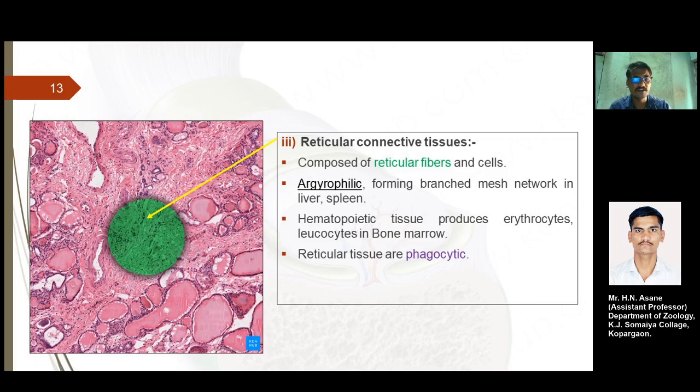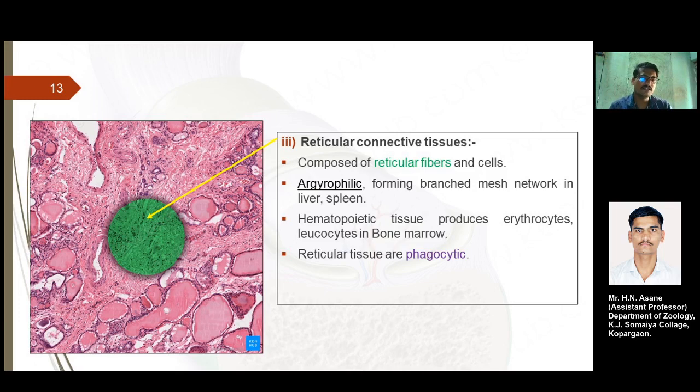The reticular tissue is phagocytic in nature. We have seen the process of phagocytosis in the last lecture. The reticular connective tissue also helps in scavenging activity, and is phagocytic in nature. You can see the slide of the reticular connective tissue highlighted in green color.